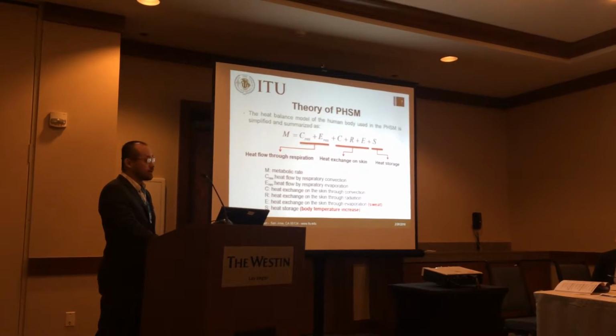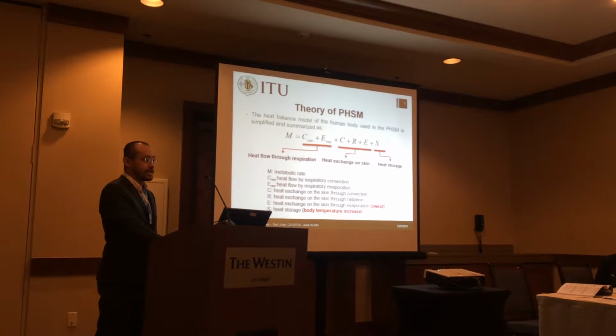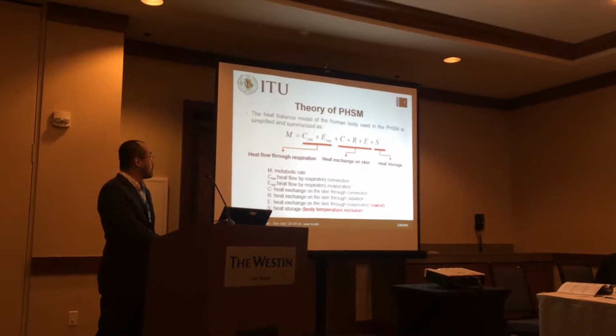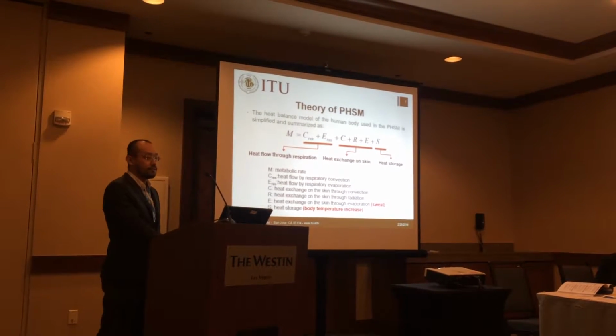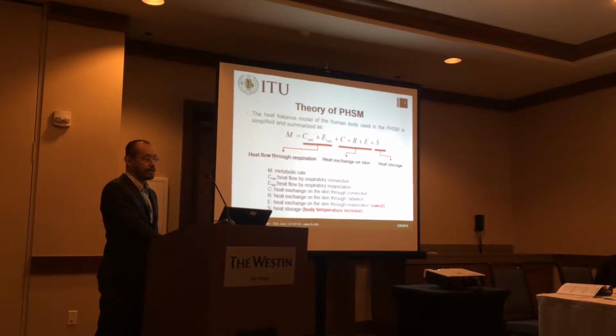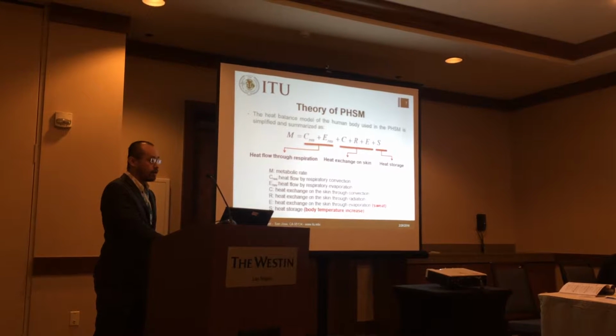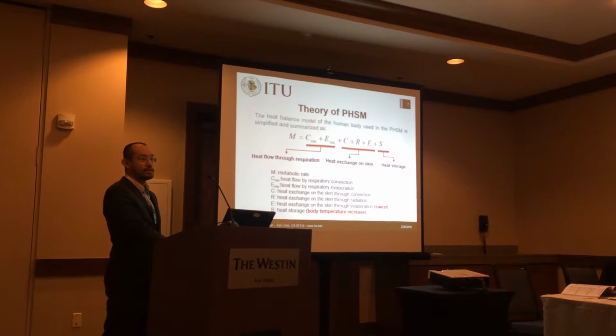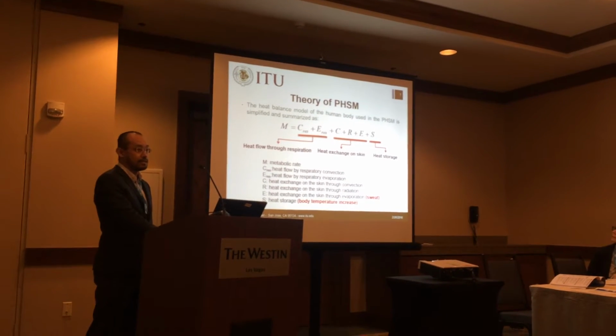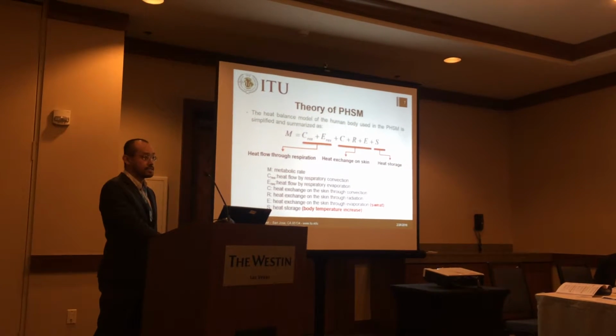So let's review some of the basic theory of PHSM. It lies in the heat balance model of the human body, which can be simplified and expressed in the formula here. On the left, M is the metabolic rate. It represents the heat produced during exercise within the human body.